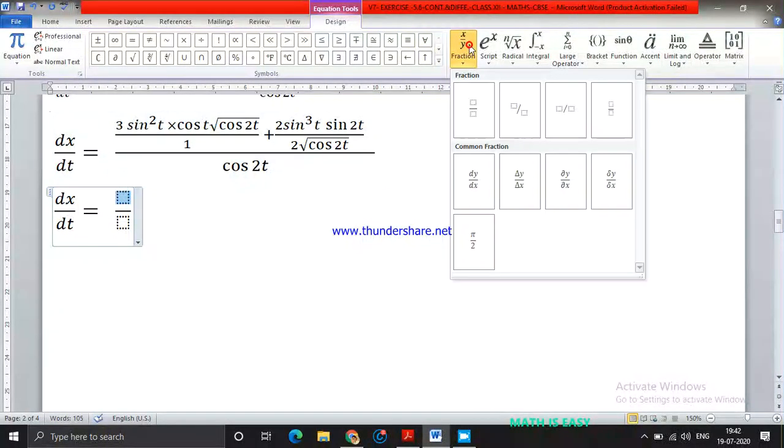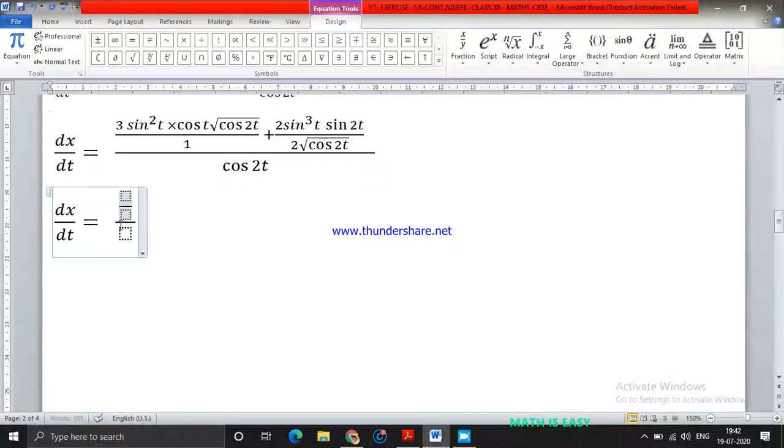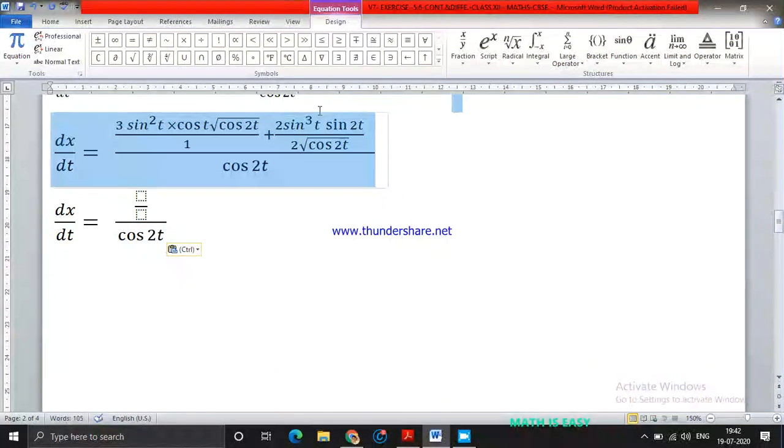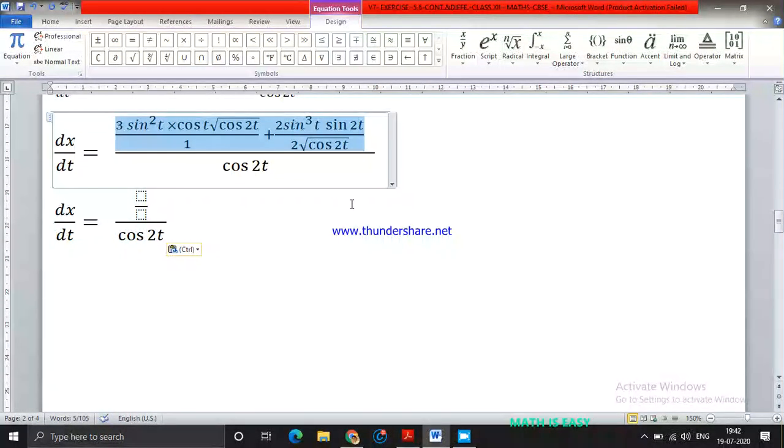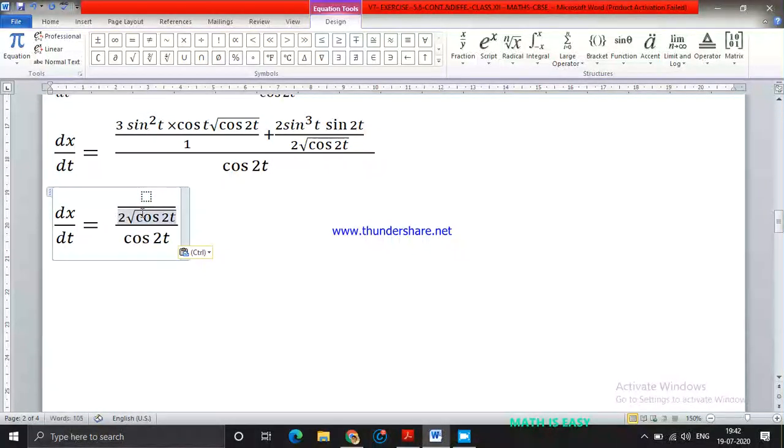Here again one more fraction will come. See, here this cos 2t will remain as it is. I'll keep cos 2t here as it is, no change. Now for the numerator, only this selected portion, the LCM is going to be 2 root cos 2t.